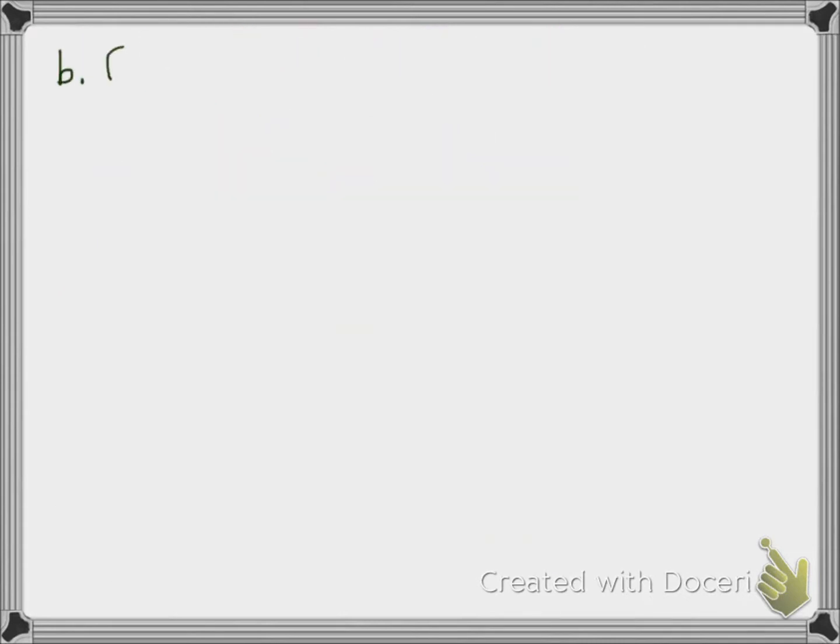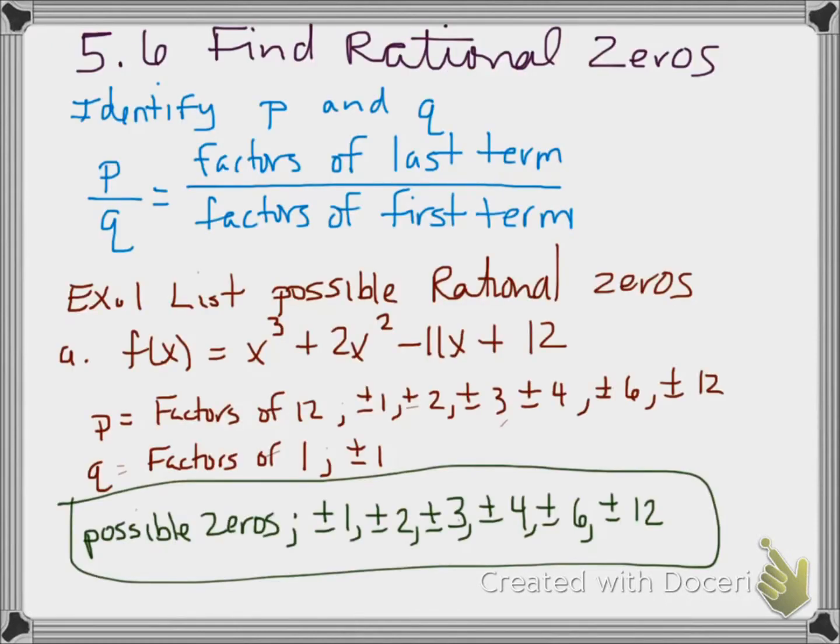That's it. So those 6 numbers are all your possible zeros. One of those answers has to be your x-intercepts.